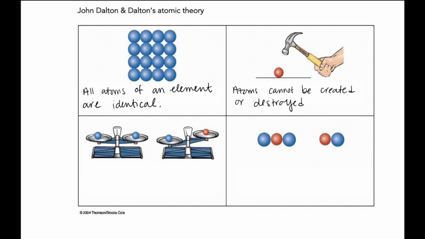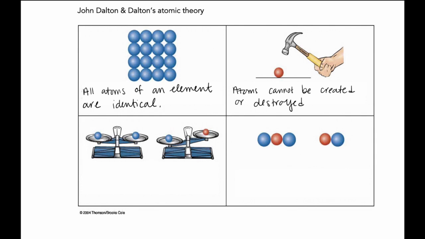If we move down to the left, this sort of goes along with the one right above it. We said all atoms of an element are identical. Atoms of different elements are different from each other. Okay. And what we're going to see is that will have to do with properties, but also masses. Okay.